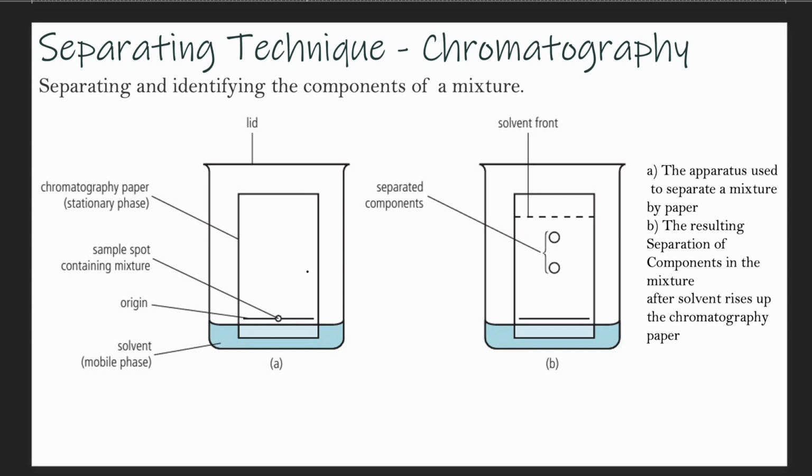They spread out according to their different solubilities in the mobile and stationary phases. The stationary phase is the paper, and the mobile phase is the solvent. When the solvent reaches almost the top of the paper, its final position is marked and is known as the solvent front.